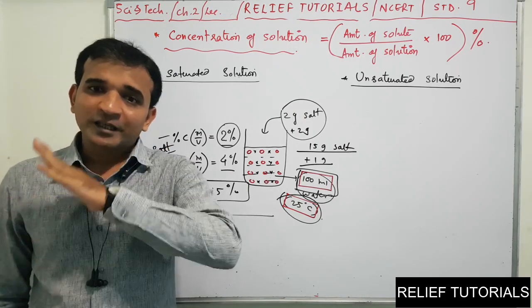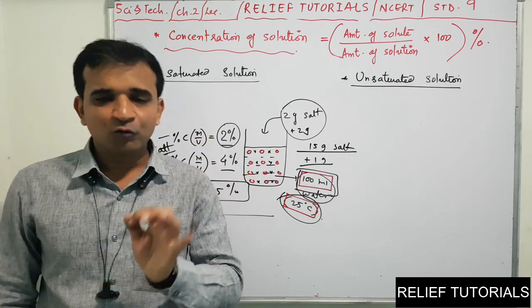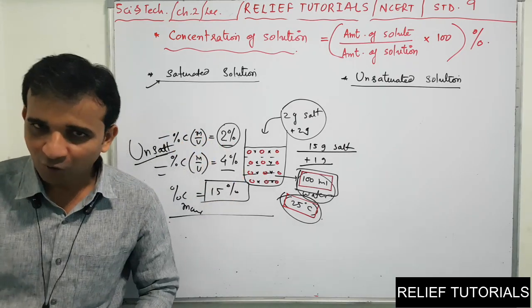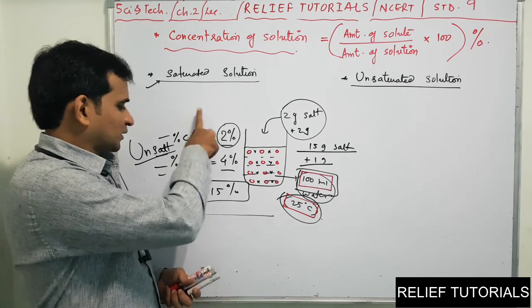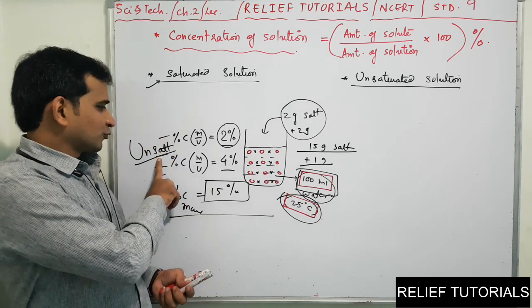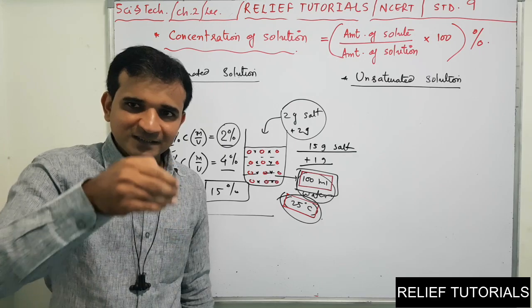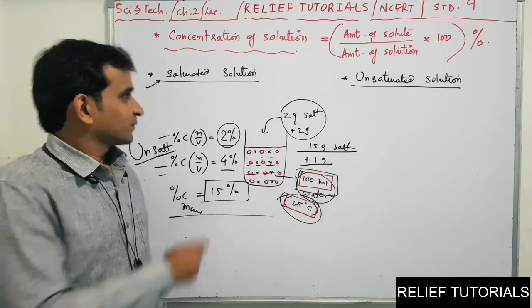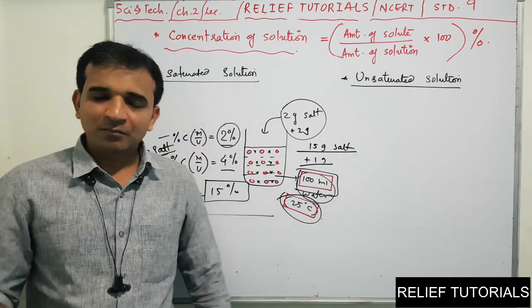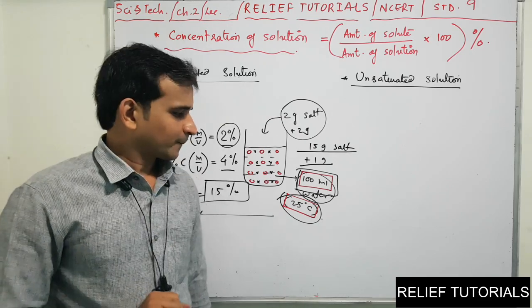It has already dissolved the maximum amount of solute, so no more space is available, no more solute can be dissolved, and at that moment the concentration is maximum. So in an unsaturated solution, more solute can be dissolved and concentration can be increased if we want. But saturated means maximum concentration is there, no more solute can be dissolved.